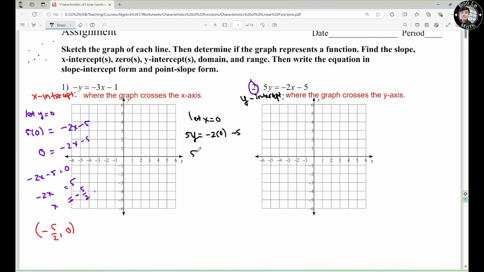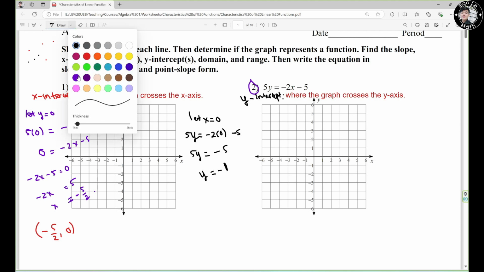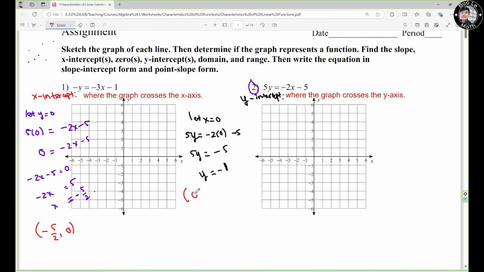This one equal to 0, so it could be equal to negative 5 right here. So y equal to negative 1, because you need to divide both sides by 5. So the y-intercept should be x equal to 0 right here and y equal to negative 1 right here.